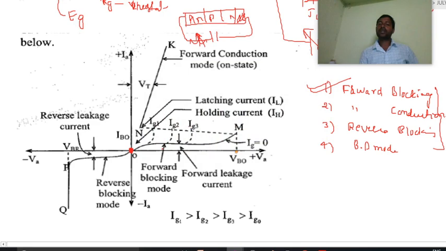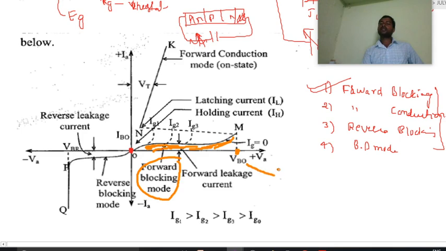So up to this point, up to VBO, this is called forward leakage current, and this area is nothing but the forward blocking mode.